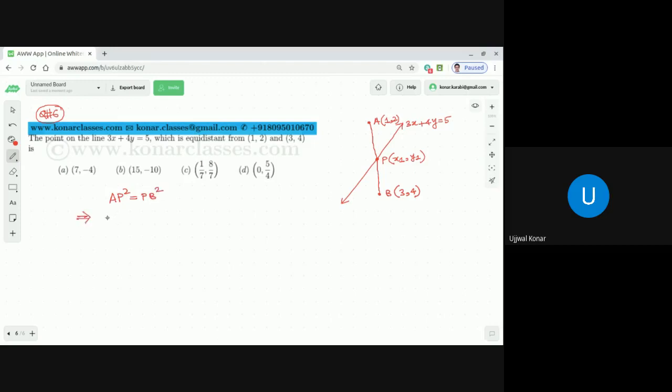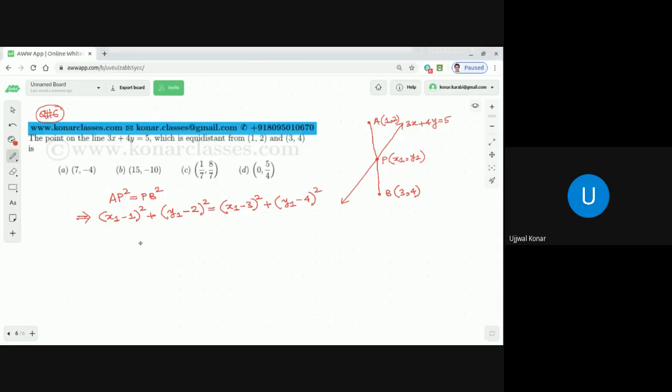Now, what is AP square? (x1 minus 1) whole square plus (y1 minus 2) whole square is equal to PB square, (x1 minus 3) whole square plus (y1 minus 4) whole square.